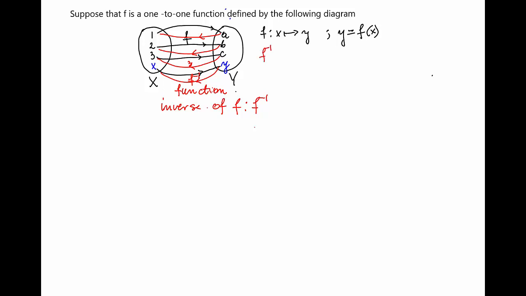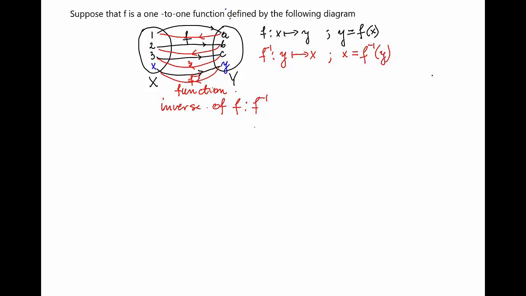Therefore, we can say that f inverse takes the value of y and assigns to this value element x, or we can say that x is the value of f inverse at y.